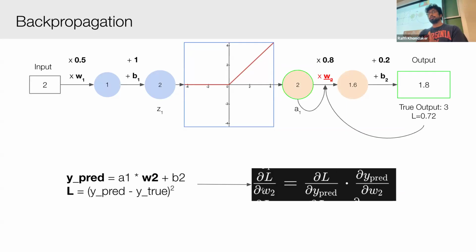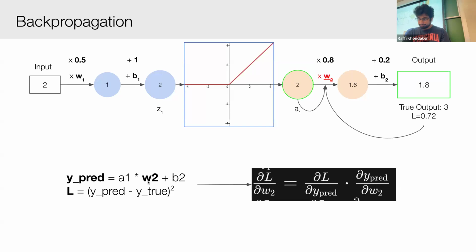Again, we want the partial derivative with respect to the W2 weight. It's a little bit of calculus review. This is why I saved those intermediary values. We want to track how W2 changes our final output.